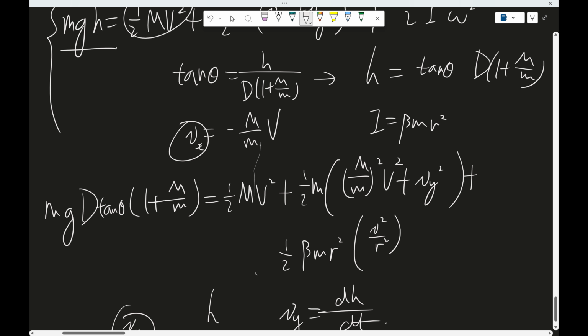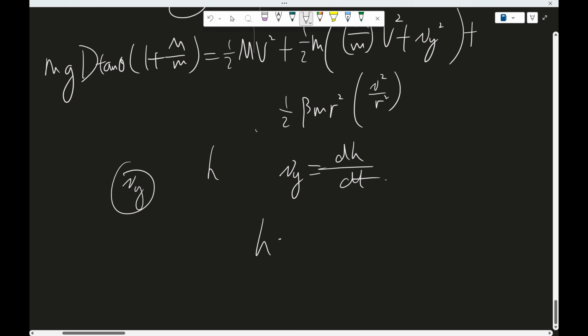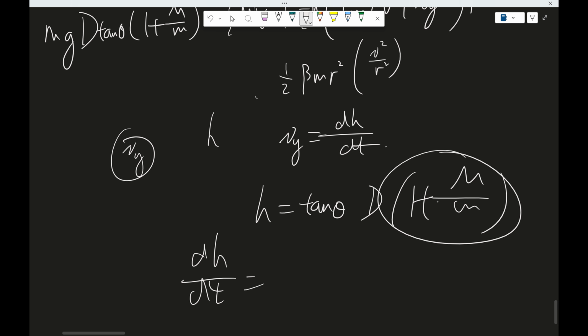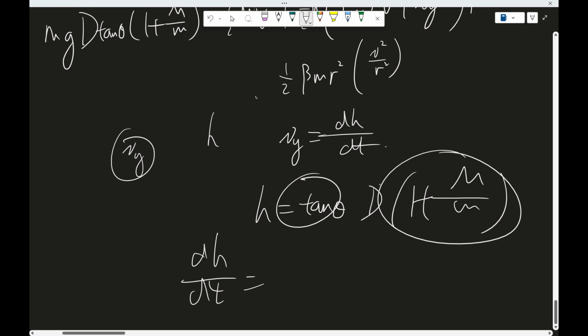right? And then we knew that h is tangent theta d times 1 plus big M over small m. And so then dh over dt, look, this is constant, and that is also constant. So what's left is only this d here.